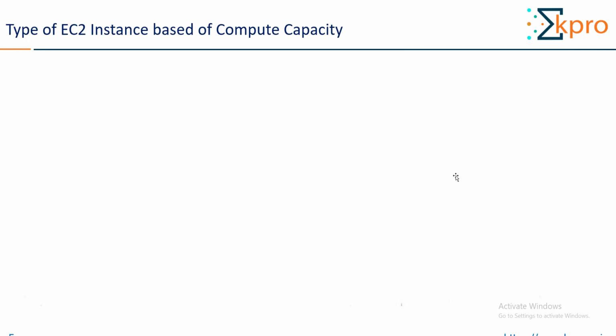Now, the types of EC2 instance based on compute capacity. I told you, when you go and launch an EC2 instance, what you need is very simple. If you're going on-premises also, if you need a server, they will ask how much RAM is required, how much processor you are looking for, how much Ethernet card support you are looking for. All this information will be asked.